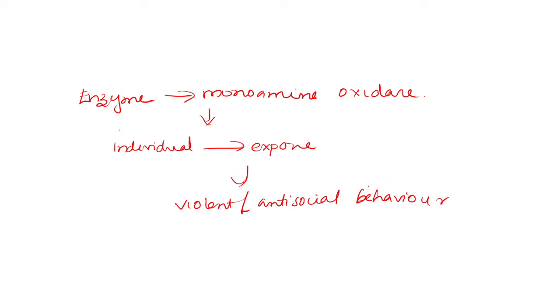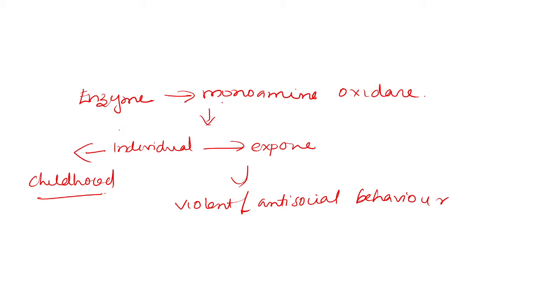But this exists where an individual with the gene has been exposed to abuse as a child. So if an individual had been abused in his childhood, then this gene will express.